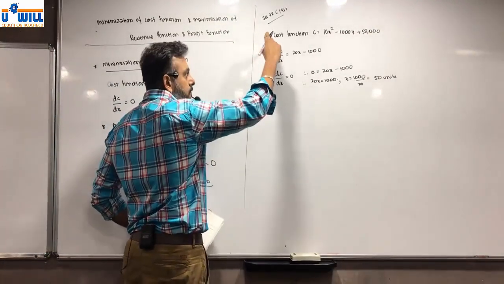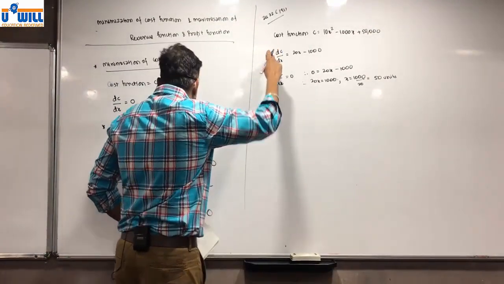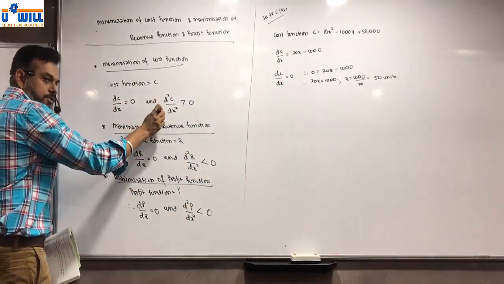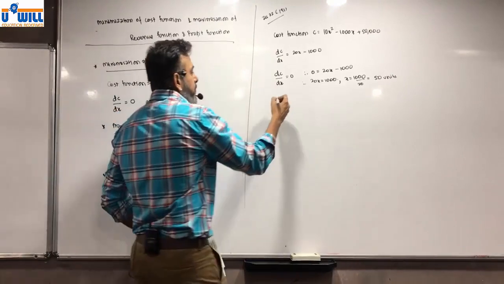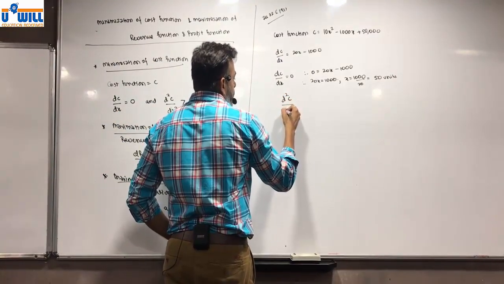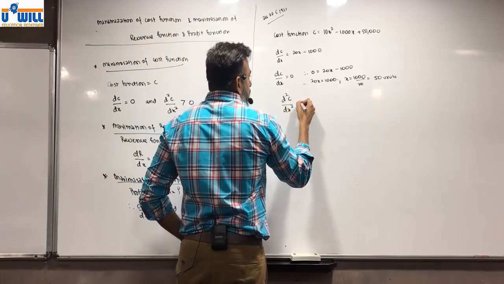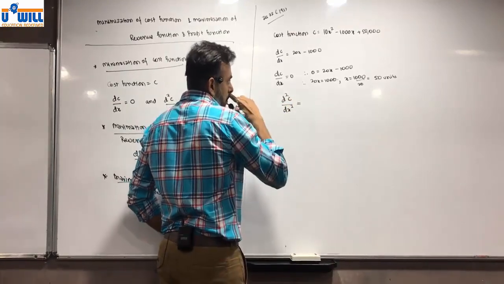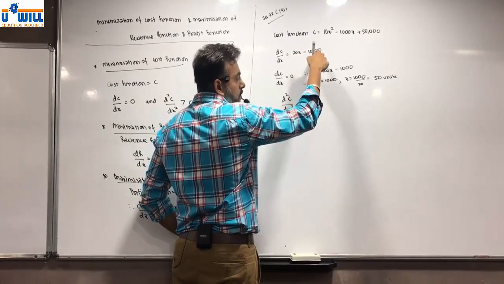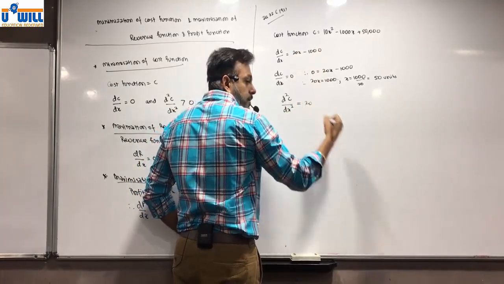Cost function लिखा, उसका derivative find किया. अब हमें क्या find करना है? Sorry, we have done this. Now we have to do the second order derivative. Second order derivative of cost with respect to x is equal to, what's the equation? 20x minus 1000, so it will become 20.